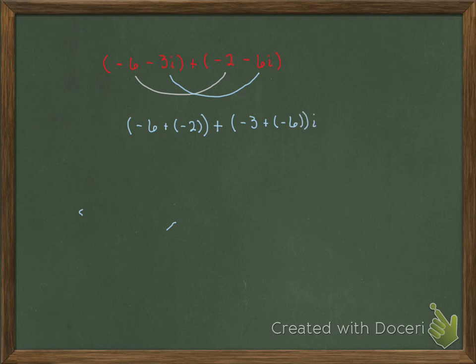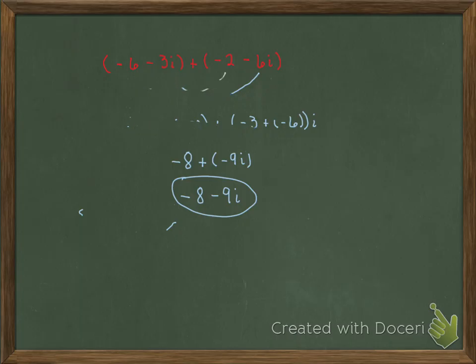So negative 6 plus negative 2 is negative 8, and negative 3 plus negative 6 is negative 9i. So our complex number is negative 8 minus 9i. Very, very basic. So we can do the exact same thing with subtraction.